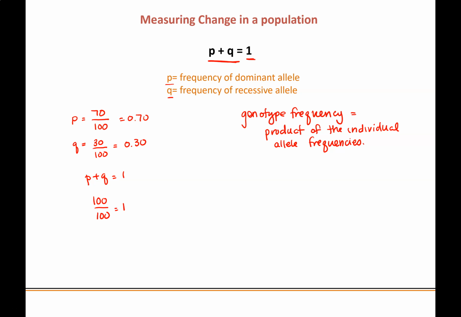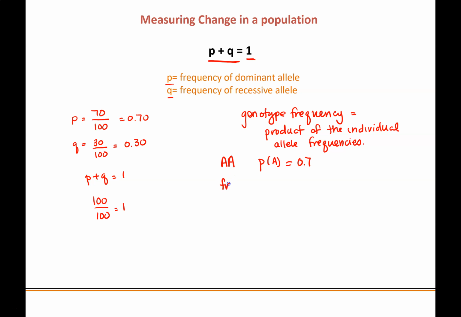So if we have an individual who is homozygous dominant, and let's say that P represents the A allele, and our frequency of the A allele is 0.7.